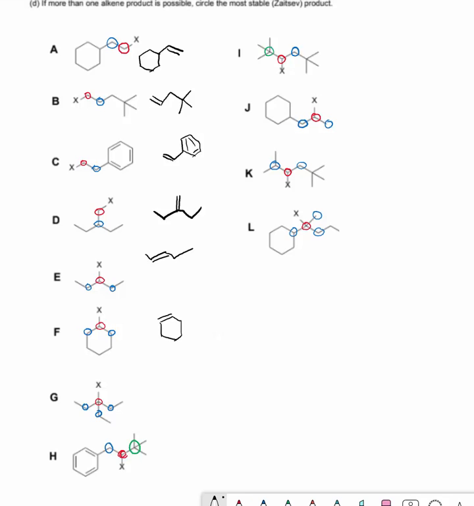It's the same compound. For G, however, we do have chemically dissimilar beta carbons. So I could draw my pi bond here, or I could draw my pi bond here. Either way, these are the same compound.